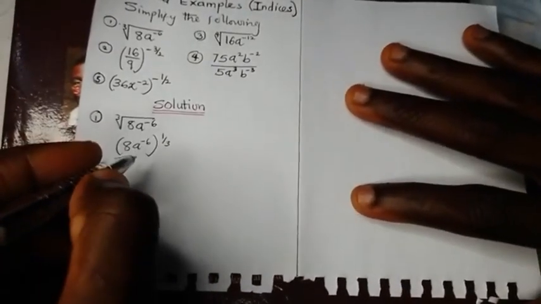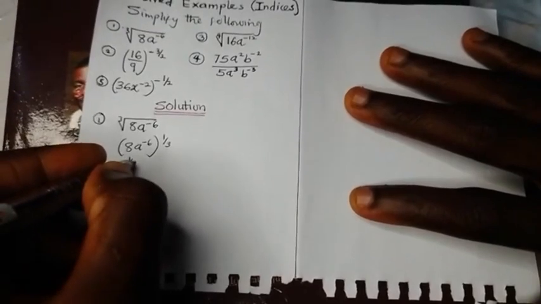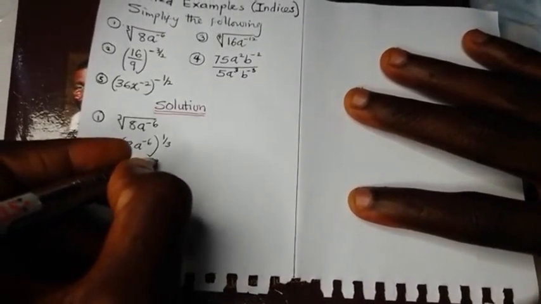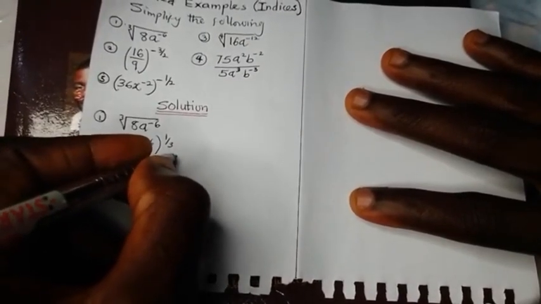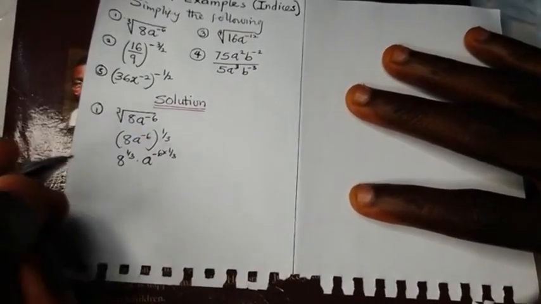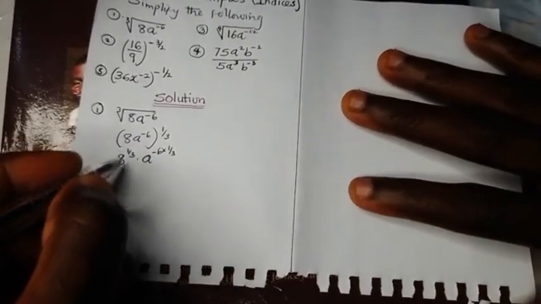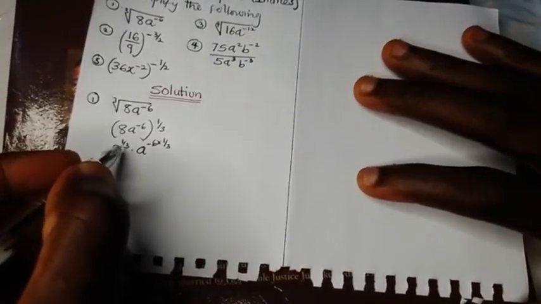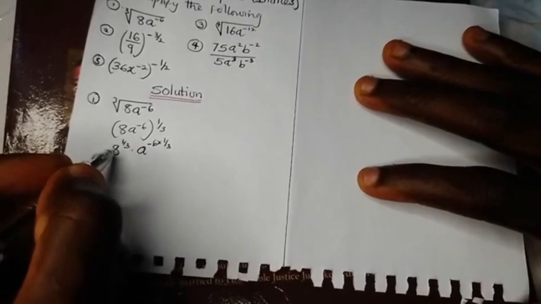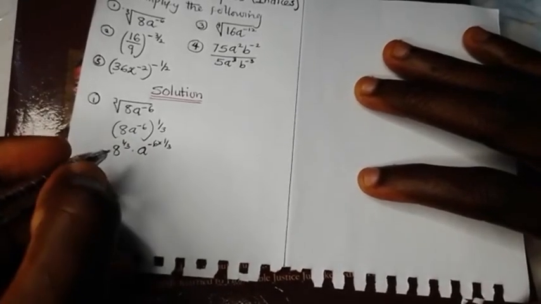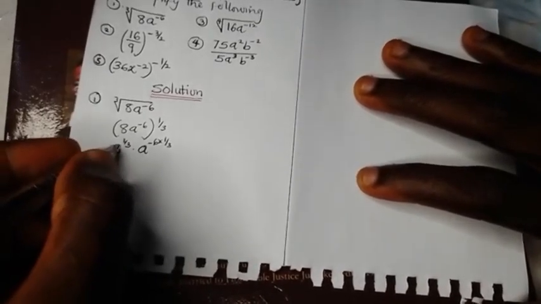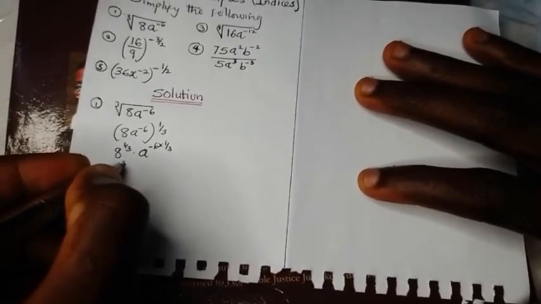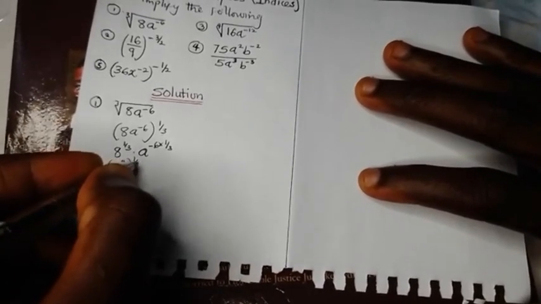So now we can expand this bracket such that we have 8 raised to the power 1 over 3 times a raised to the power minus 6 also multiplied by 1 over 3. You should be able to see that this is actually the cube root of 8, which is 2. But in case you cannot see that, it is easy to write 8 as 2 raised to the power 3, or raised to the power 1 over 3.